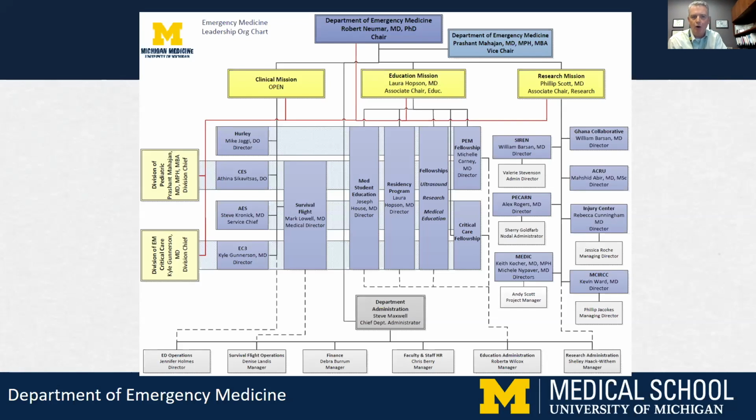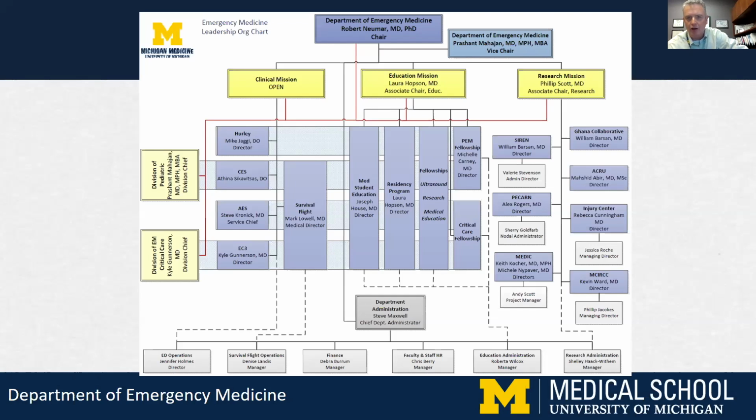So for me, down on the bottom here, I can work with my director of operations over any of the clinical things. I can work with my education person over any of the education things. And then she has people to manage the fellowships or the residencies. So we have 16 residents per year for a 4-year residency, so 64 residents here.